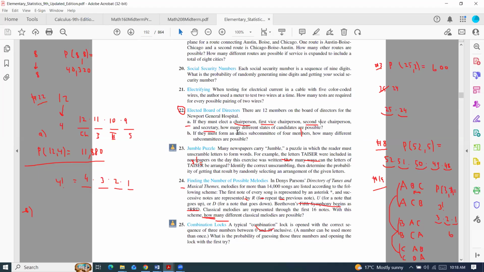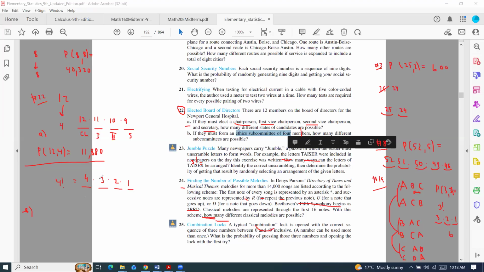So it's just an ethics subcommittee with 4 members. So there's no chair, no vice chair. So all these permutations would not matter. So if you selected 4 people, you can also permute them 4 factorial times.